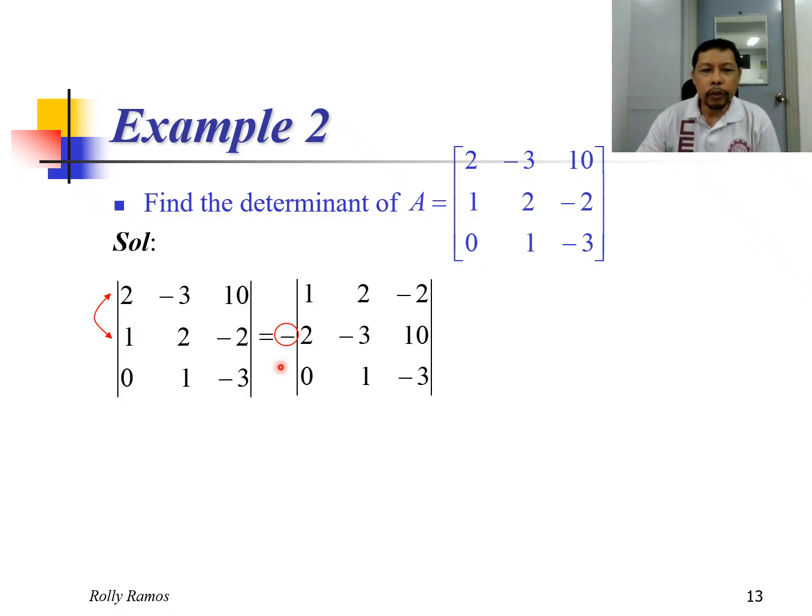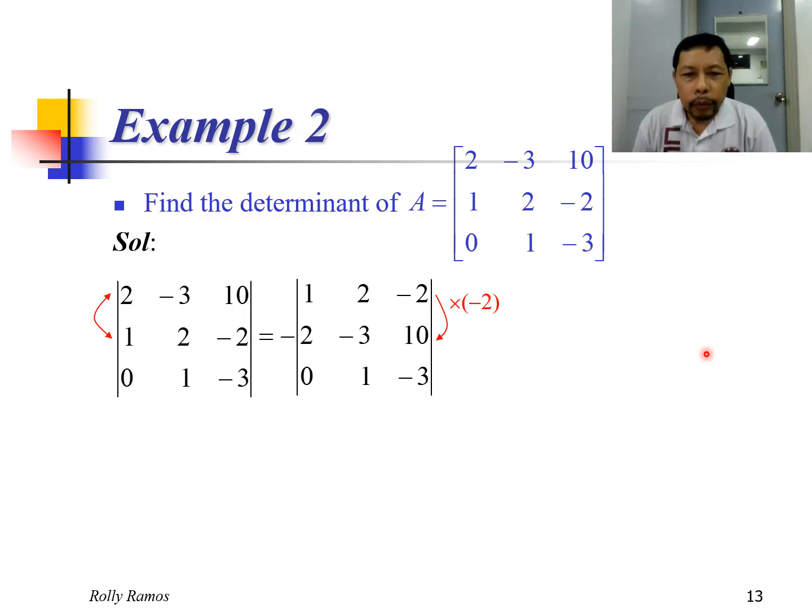We have to introduce negative 1, because according to elementary row operation 1, if you interchange any two rows of a matrix, then the determinant of the new matrix is equal to the negative of the determinant of the old matrix. So interchanging these two rows will give us this determinant. Remember, every time you interchange any two rows, you have to multiply by -1.